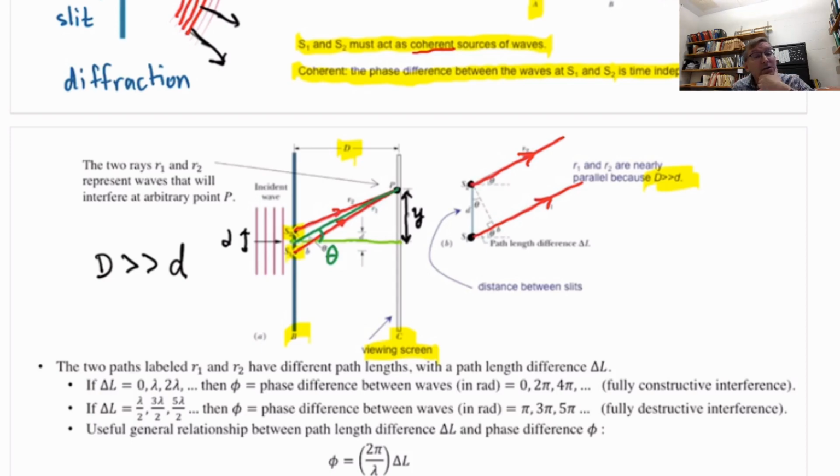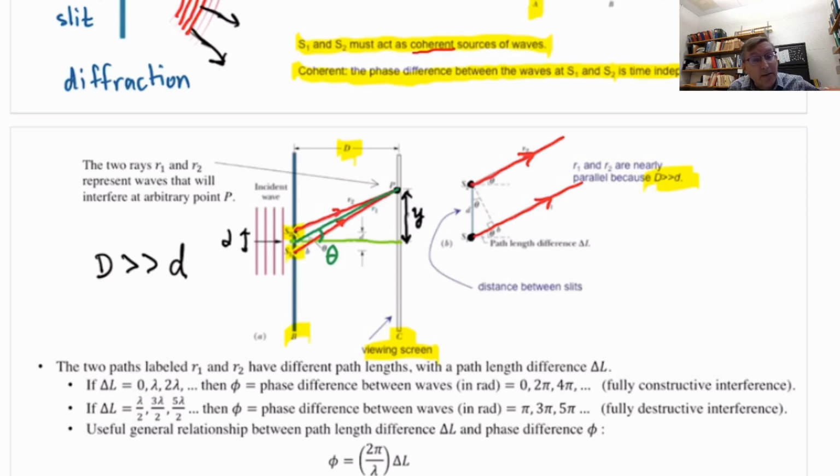It's because the two slits act as two coherent sources. So I have two light waves, and there can be a phase difference between the light waves merely because the waves that travel from S1 and S2 to get to the point P can travel different distances.